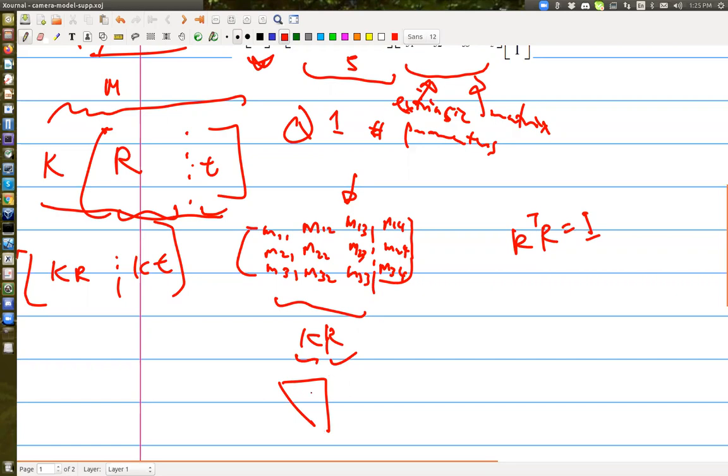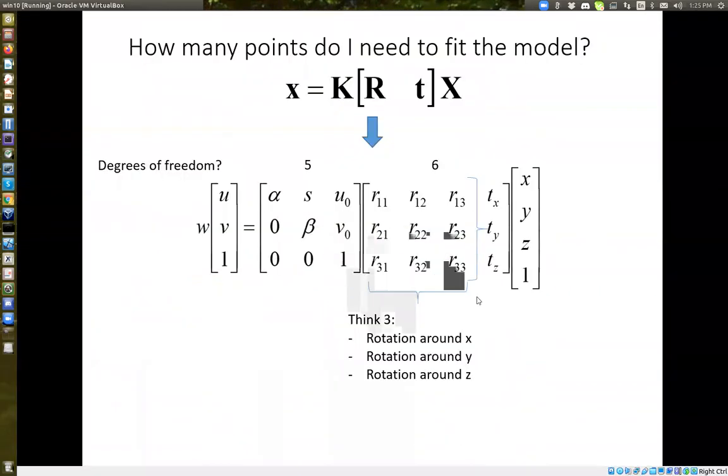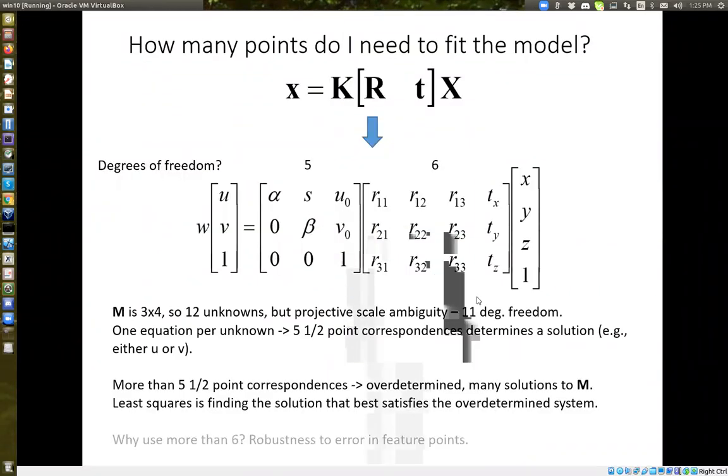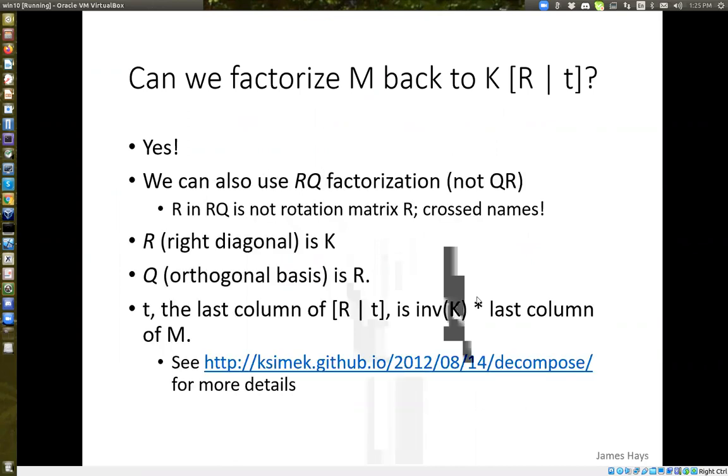So you can decompose a matrix using some kind of decomposition, say in MATLAB or in Python. We have this so-called RQ factorization. Not QR, it is RQ. We can factorize into the upper triangular matrix and the rotation matrix.